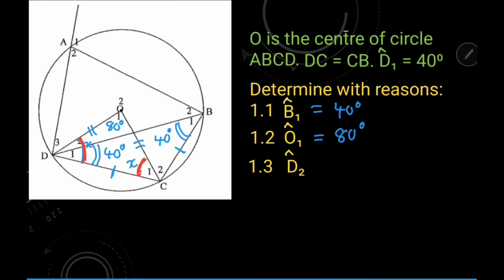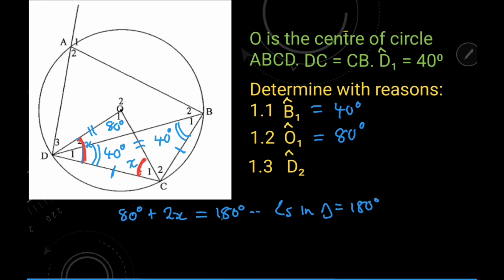Okay, so 80 degrees plus 2x is equal to 180 degrees. Angles in triangle, right? And therefore we can easily solve this.